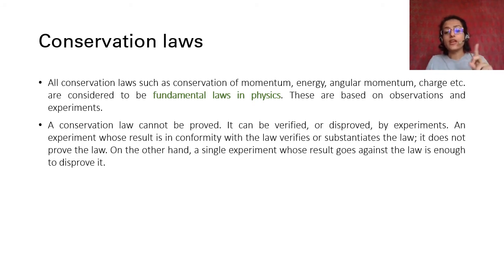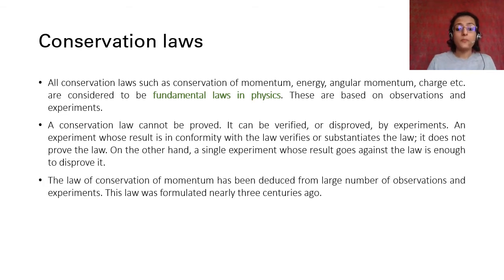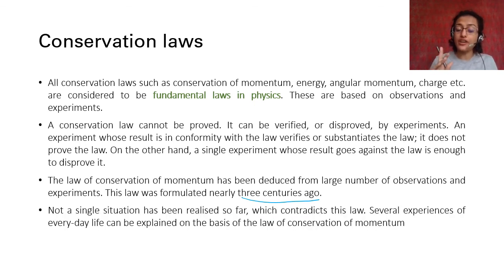But if there is a single experiment, even one experiment which goes against this law, then it is enough to disprove it. Even though this was formulated almost 300 years ago, right? Newton and all of them lived 300 years ago.